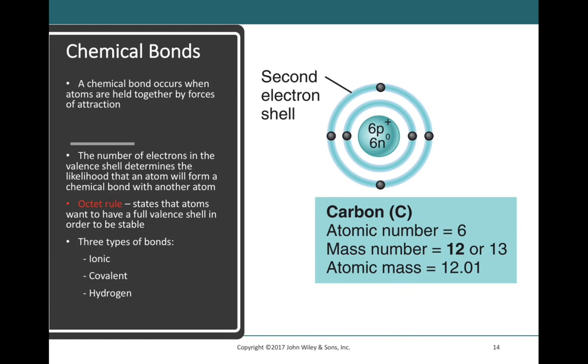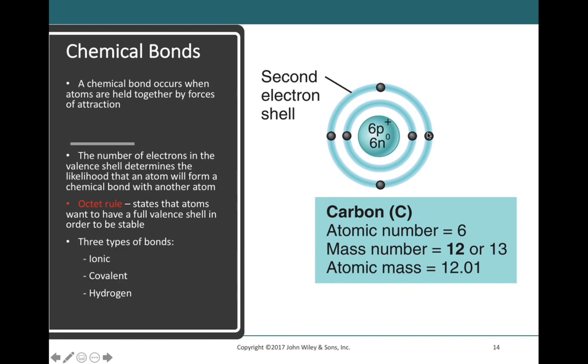So for example, if we were to think about hydrogen that has a single proton, that's only going to have one electron here in its first valence shell. So hydrogen's really going to want to have that second electron, and that's going to give us a much more stable version of that atom. Now, I'm going to just tell you that there can be two electrons found in the first electron shell, and there can be 8 electrons found in the second electron shell.